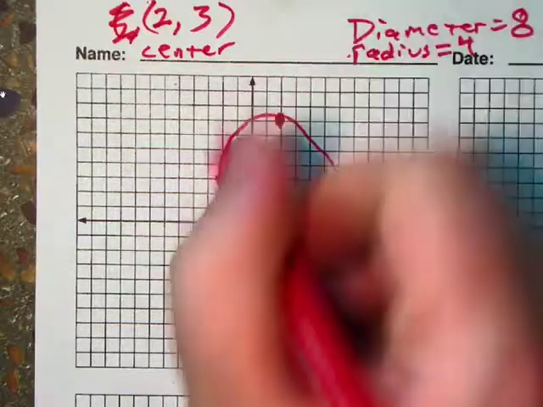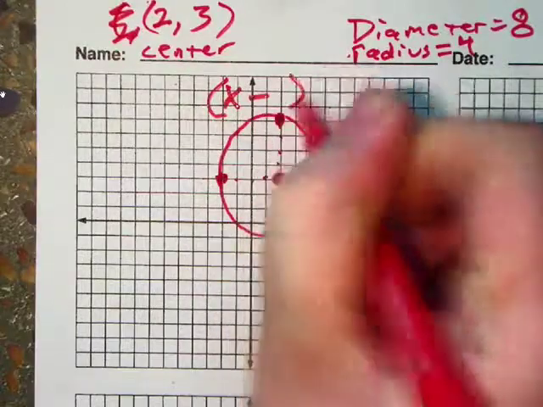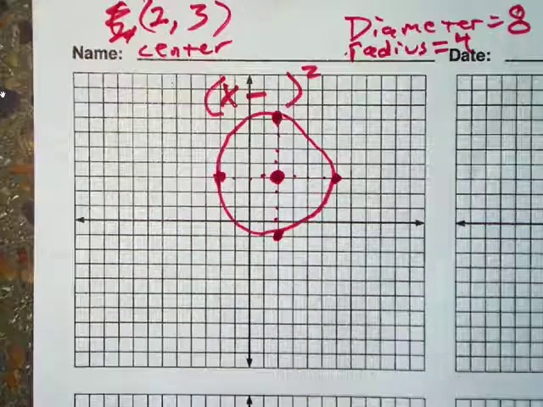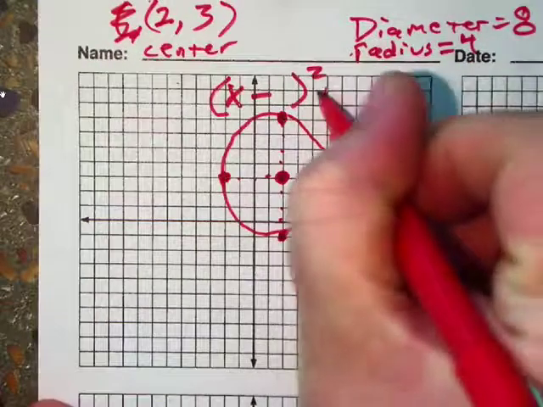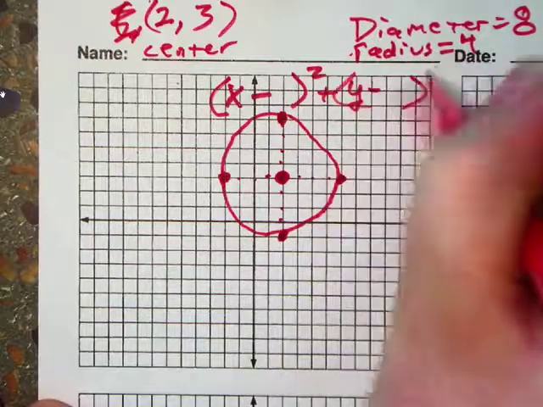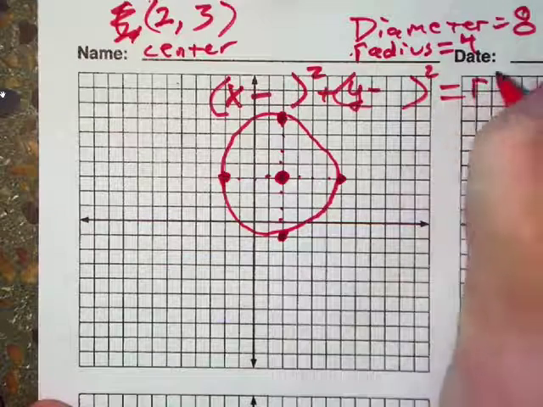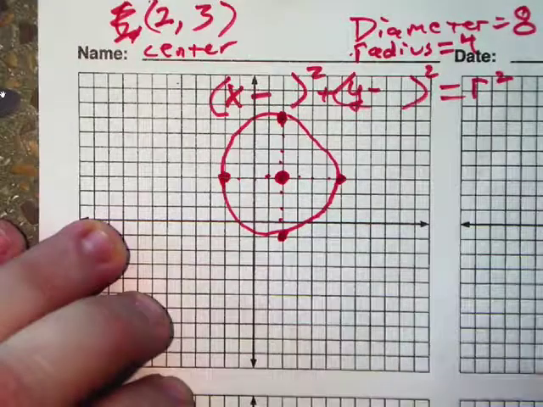We need to find out what our formula is. It's going to be x minus something squared, plus y minus something squared, equals the radius squared. Well, what are those parts?